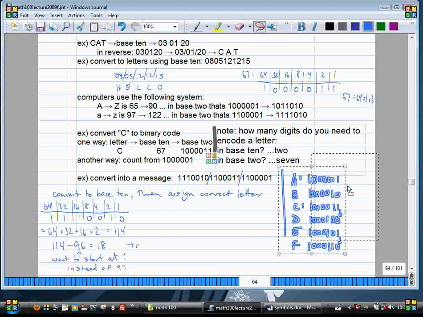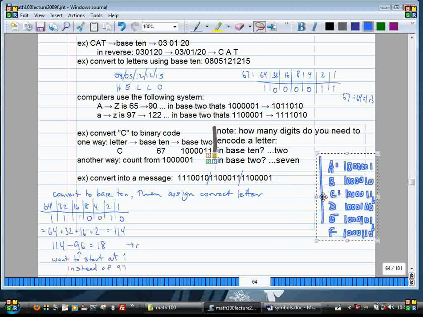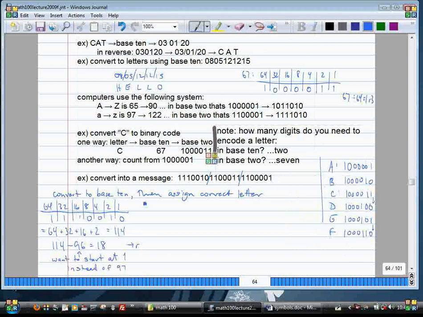Okay. So the next one we need to do was 64, 32, 16, 8, 4, 2, 1. This number, which was 1100011. So this is 64 plus 32 plus 2 plus 1, 96, 97, 98, 99.